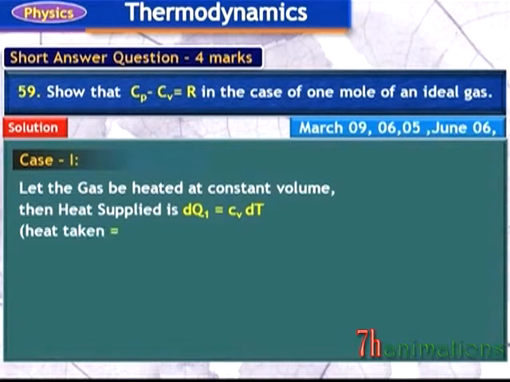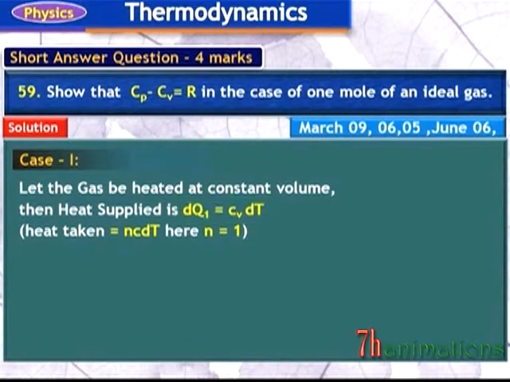Actually, the heat taken or given is N into specific heat into temperature difference, where N is the number of moles, C is the molar specific heat, dT is the temperature difference. In this case, N equals 1, hence at constant volume the heat supplied is dQ1 equals Cv dT.